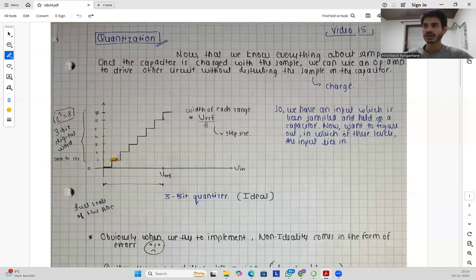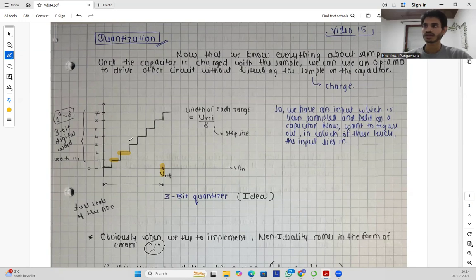We have our Vref, and whatever signal we have will lie between 0 and Vref. If it exceeds Vref, then it is the saturation region, and it can't go below zero, but even after calibrating, we are interested in the range up to Vref.